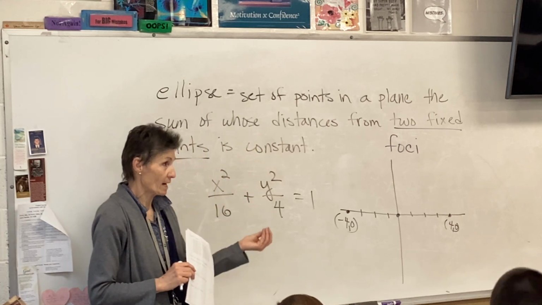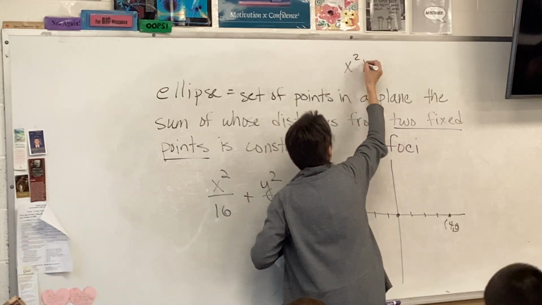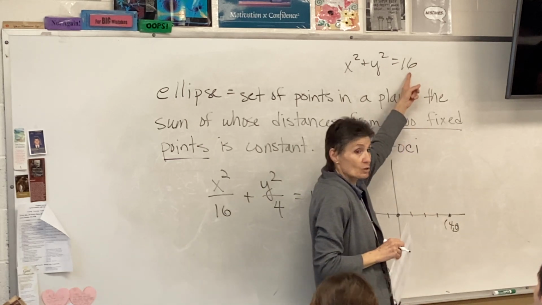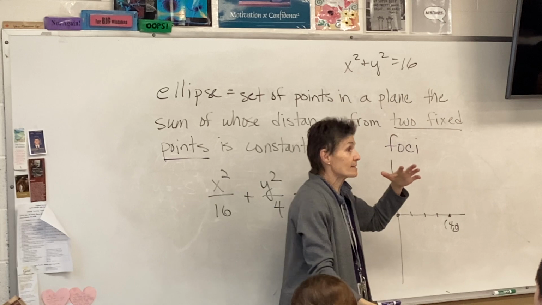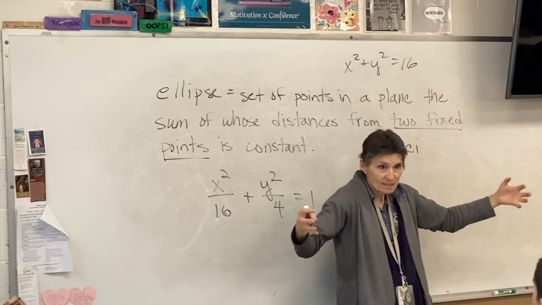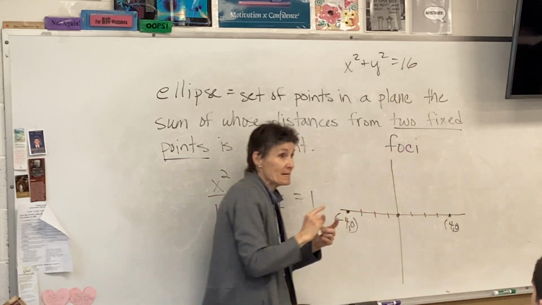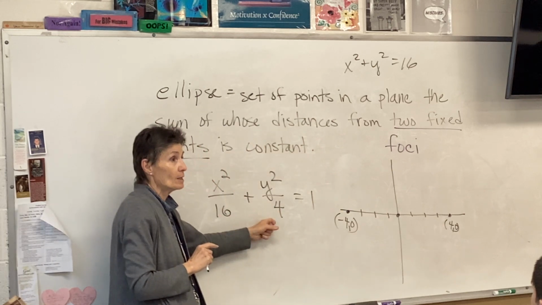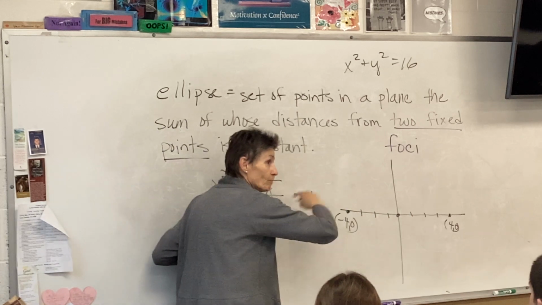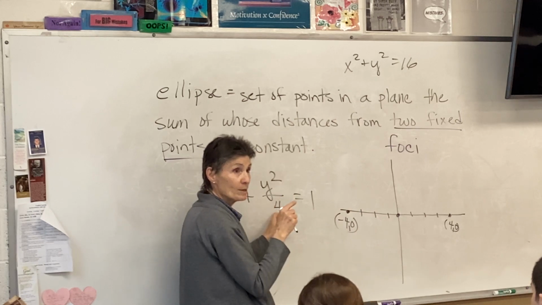Circles have a radius, and when you have the equation of the circle, how do you find the radius? Square root it. But since it's not a circle, it has two different radii. It has a radius distance this way, and a radius distance this way. So those radius numbers come from the denominators. The square root of 16 is 4, back and forth 4. And then, guess what? Up and down 2.